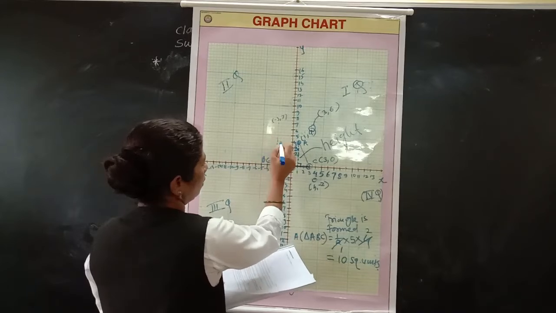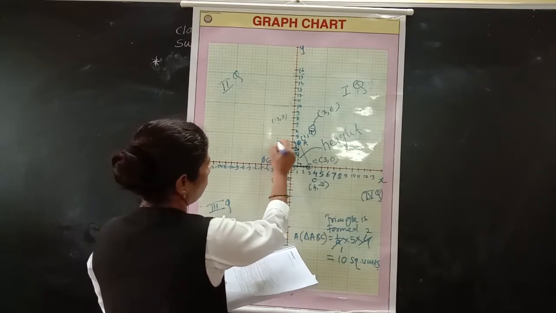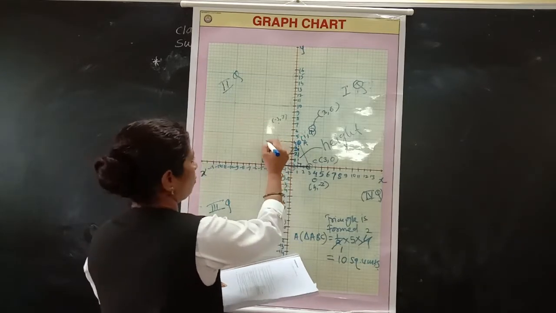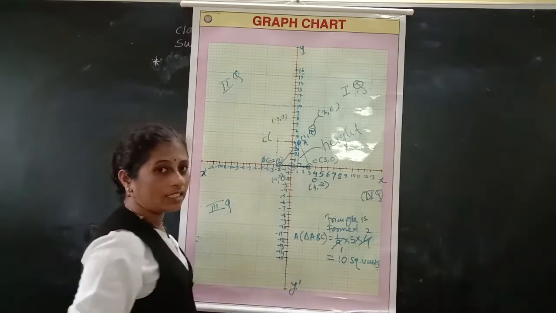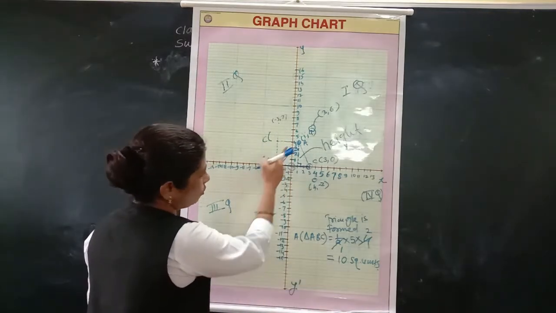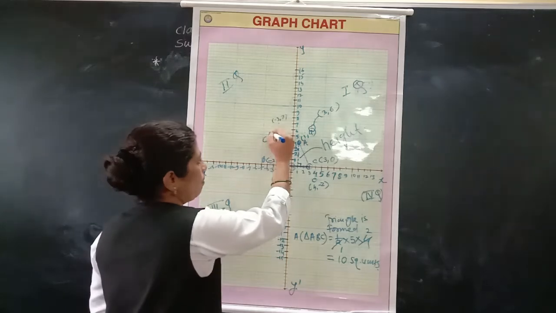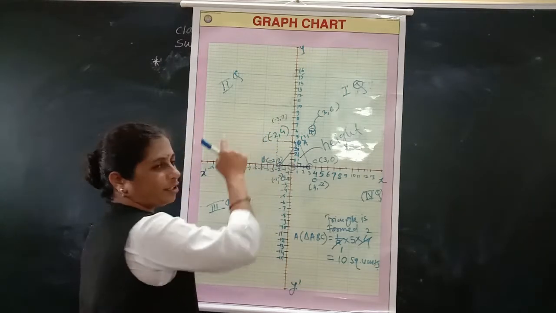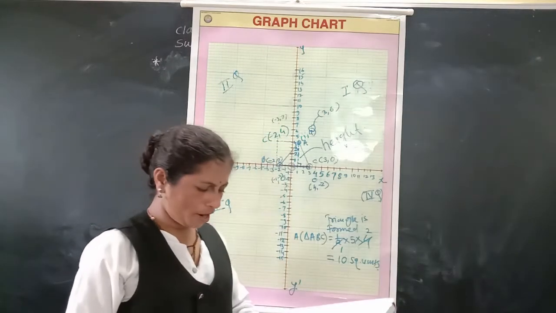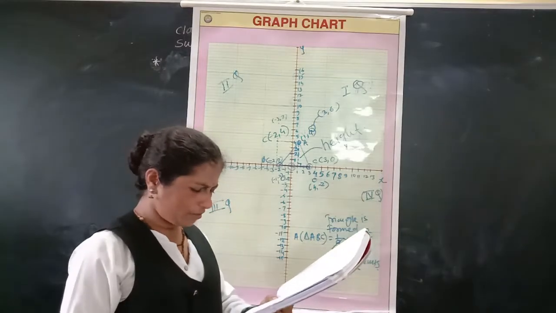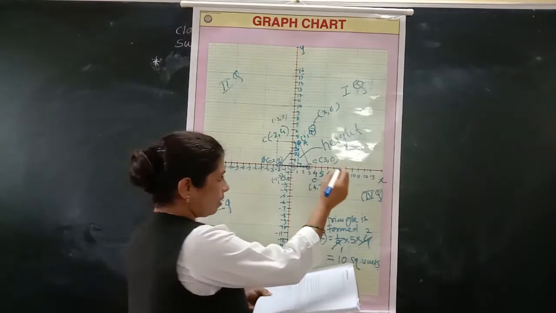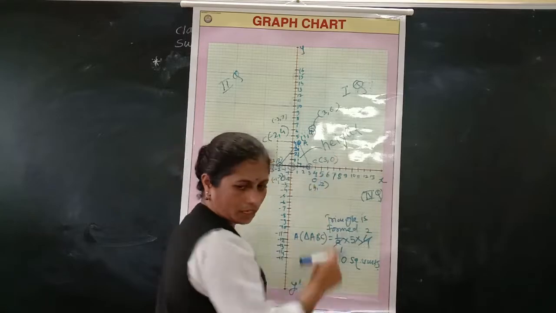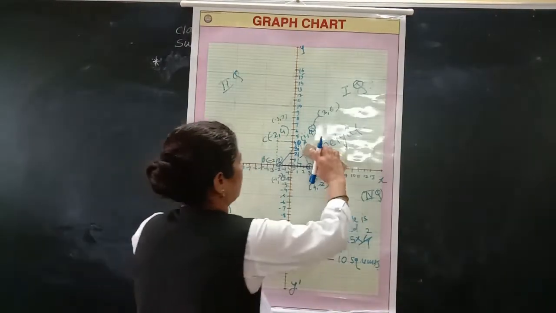So what are the coordinates of this C point? Yes, x-axis -2 and y-axis 4. So -2, 4. So the coordinates of the point C are -2, 4, right? And then B is given in front of this 5. Okay. Now I will erase this.